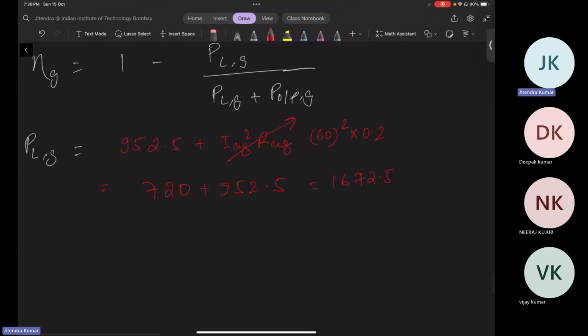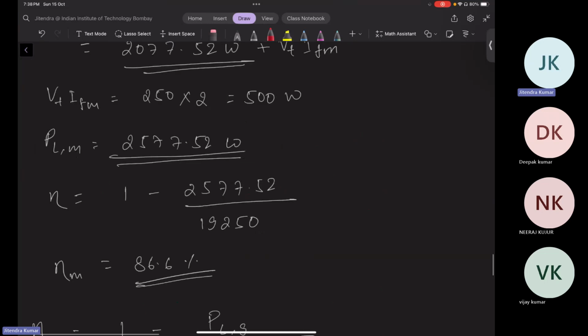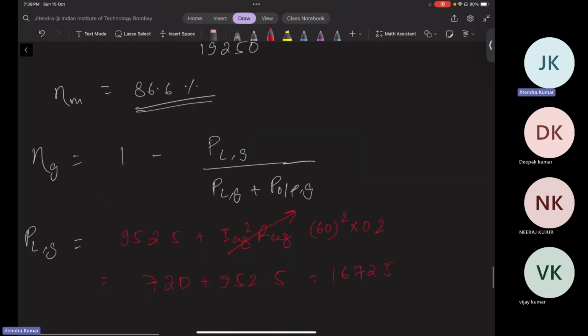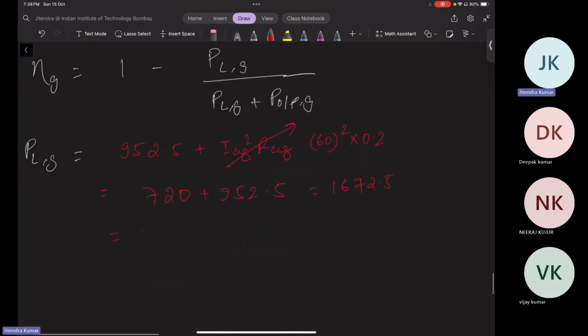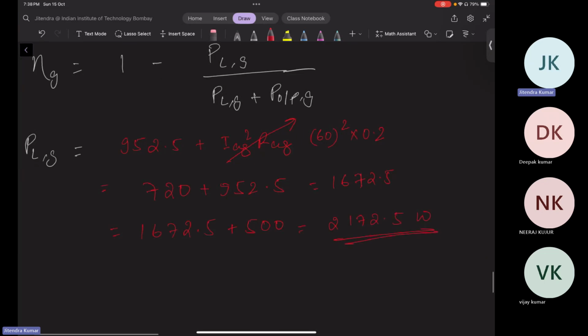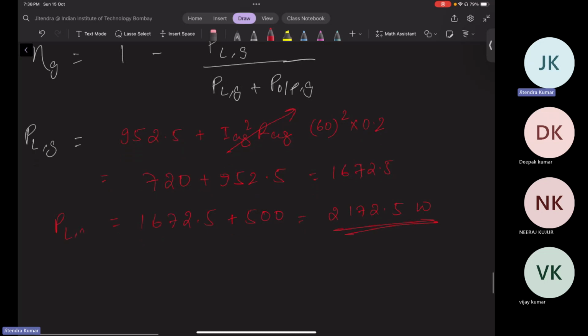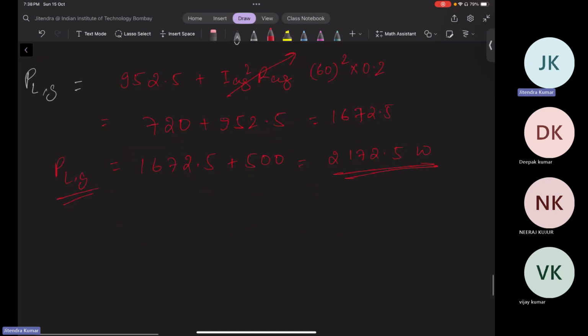So that field losses was nothing but how much? It was 500, right? So 1672.5 plus 500. So it will be 2172.5 watt. Okay, so this is the losses in the generator.